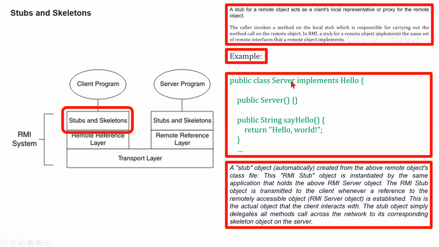The RMI stub object is transmitted to the client whenever a reference to the remotely accessible RMI server object is established. This is the actual object that the client interacts with. The stub object simply delegates all method calls across the network to its corresponding skeleton objects on the server.